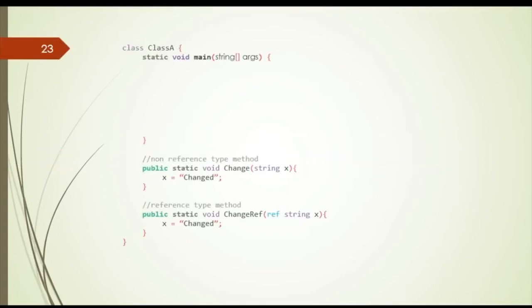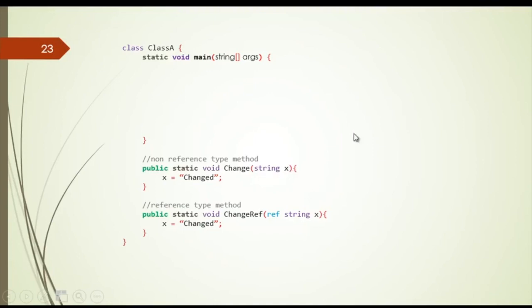Let's say that I have these functions. So I'm saying that this function is a non-reference type. I'm explicitly choosing the string, because MSDN says that only the primitive types are passed as value, and string is a non-primitive type.